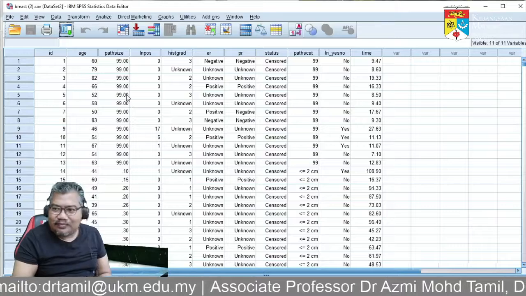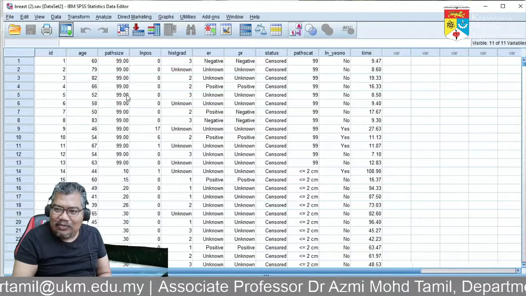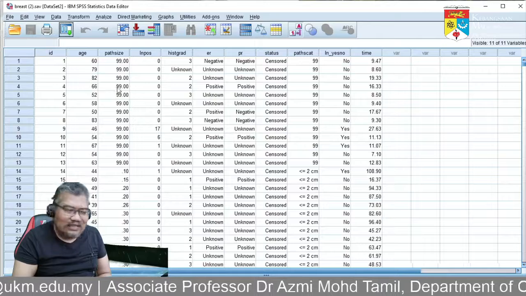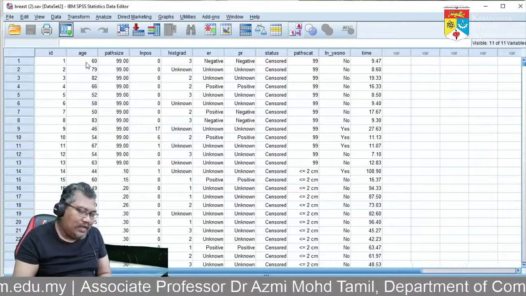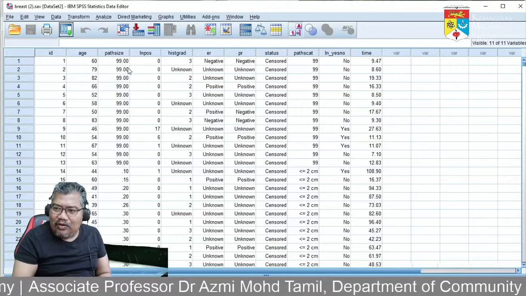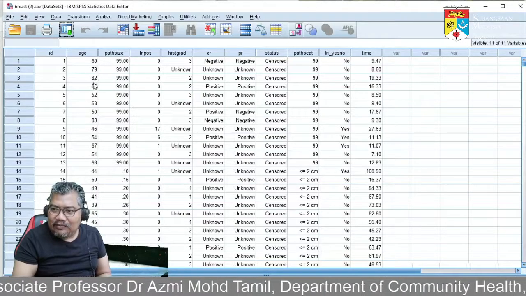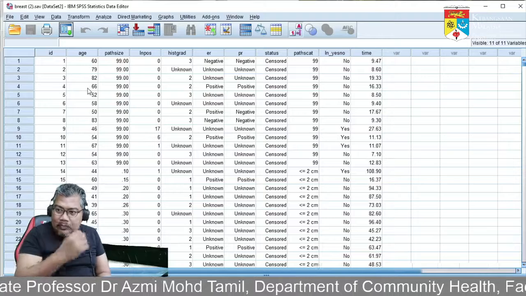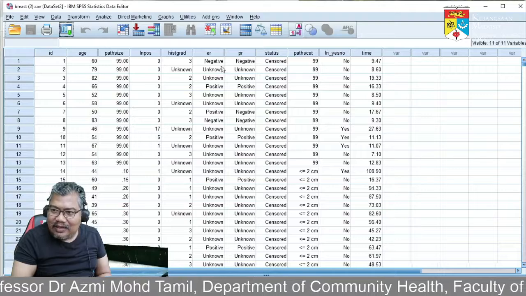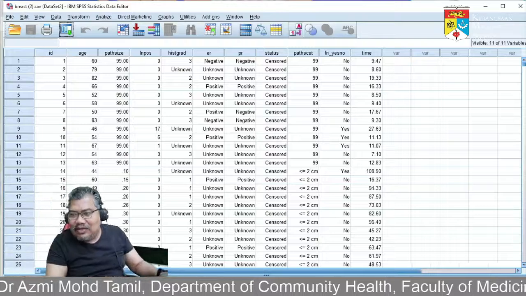Therefore, you can do a Kaplan-Meier survival analysis, one by one, for all of these risk factors. I cannot do it for age because it is continuous data, but I can do it for lymph node positive or not. Tumor size cannot. I can do it for histological grade, and for presence of estrogen receptor and progesterone receptor.